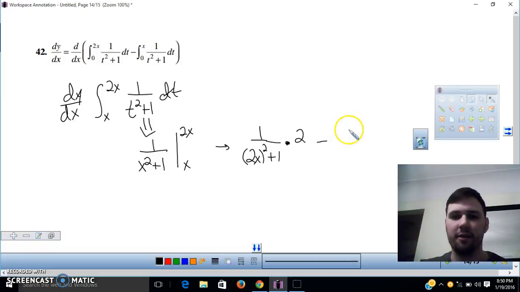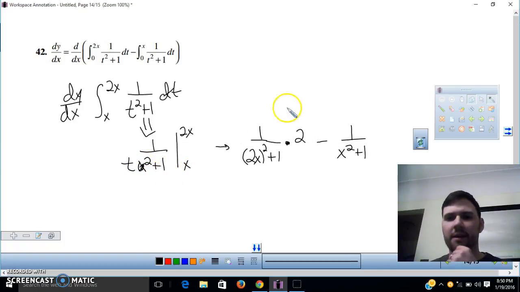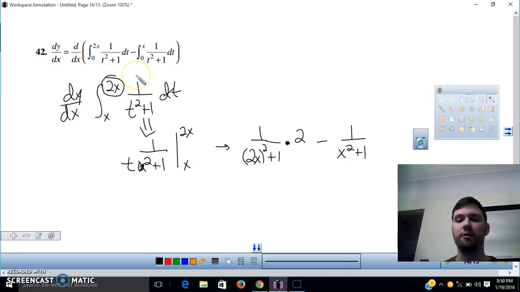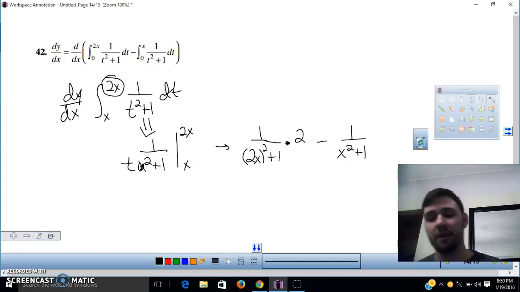I'm going to subtract when I plug in x. I feel like I actually left the t in there if that makes you feel better. Okay? And that's it. That's your answer. You just do it twice. You do it when you plug in the 2x, and you do it when you plug in x, and you subtract. Alright? That's it.